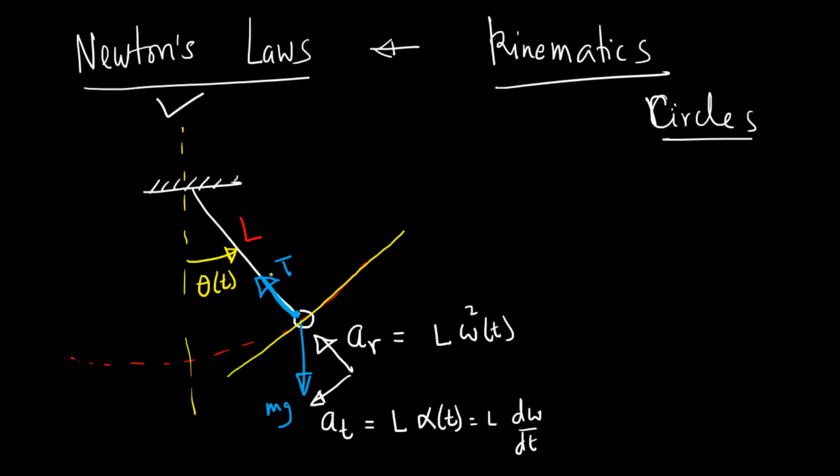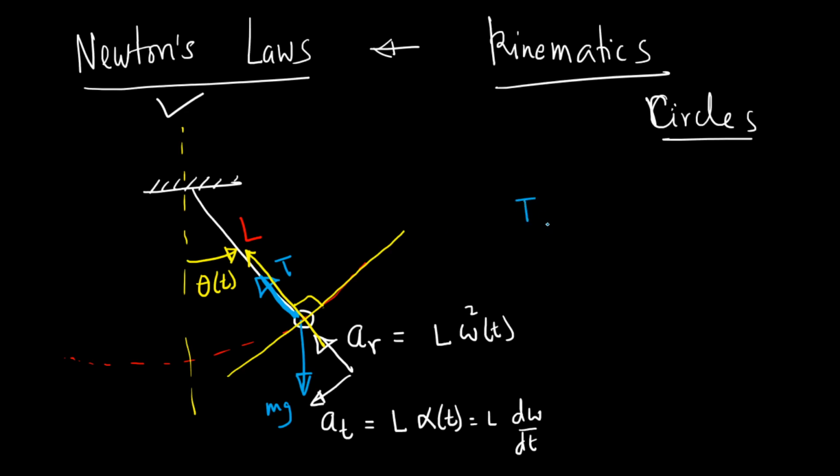Because we have formulae along these two axes. Let's call this the tangential axis, and the other one the radial axis, and they're perpendicular to each other. Right, so T is particularly friendly.